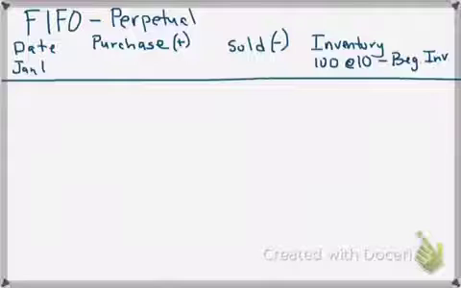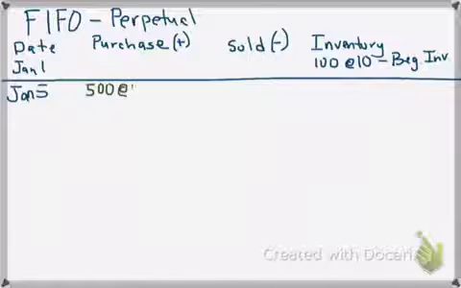I have it set up with our beginning inventory. So January 1st, we had 100 units at $10. Then on January 5th, we actually have a purchase of 500 units at $11.